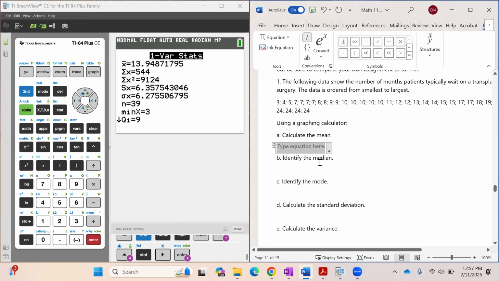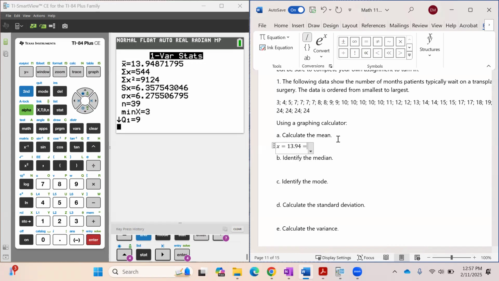So here we have X bar equals 13.94. And remember that rounding rule where we go to one more decimal place than our original data. Since our original data is whole numbers, we're going to round to one decimal place.